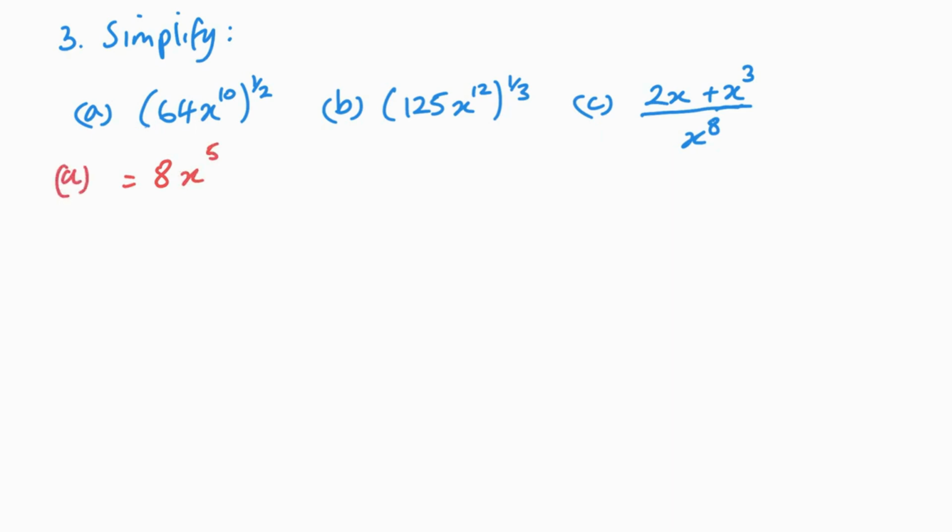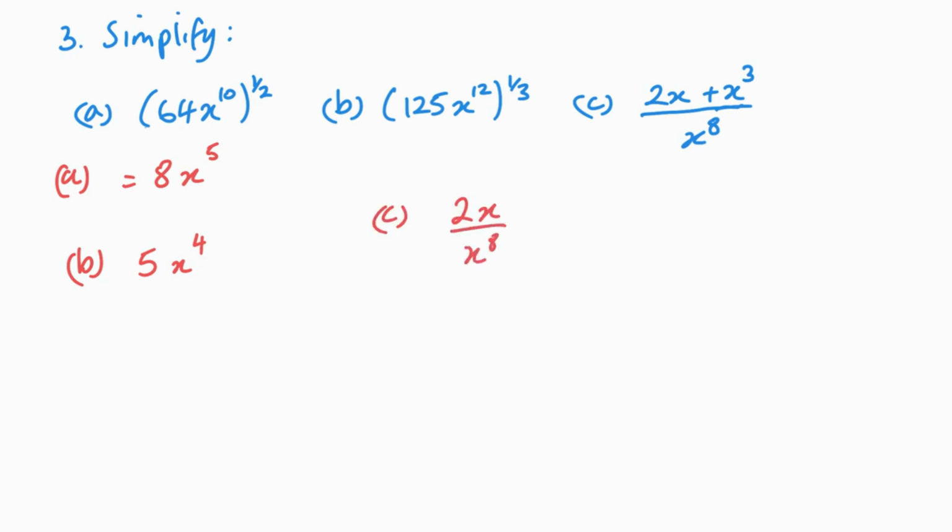And that's A. If I'm looking at B, again, 125 to the power of a third is the cube root of 125, which is 5. And then x to the power 12 raised to the power 1/3 is going to be multiplying them, x to the power 4.